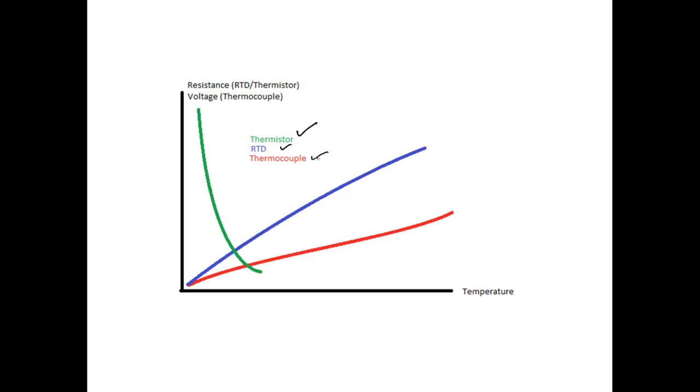We are not studying thermocouples till now, but if we compare thermistors and RTDs, this is how thermistors would look. You have a temperature versus resistance graph. This is the resistance, this is the temperature. You have a sharp increase in the resistance as the temperature drops in the thermistor, but RTDs have almost a linear relationship over a longer range of temperature with the resistance.